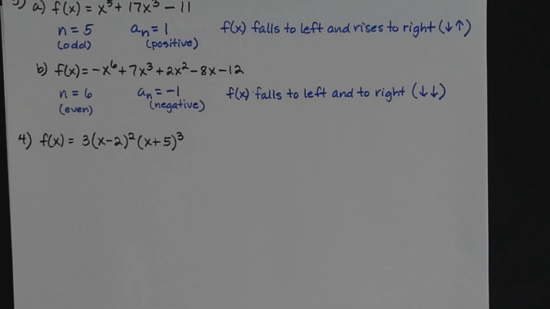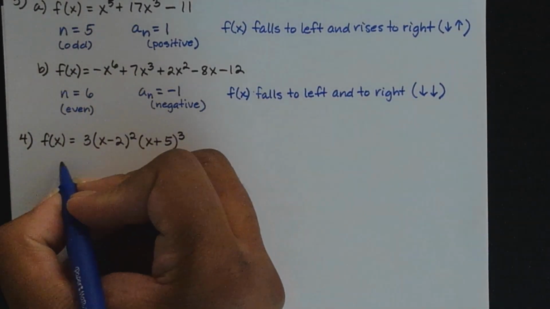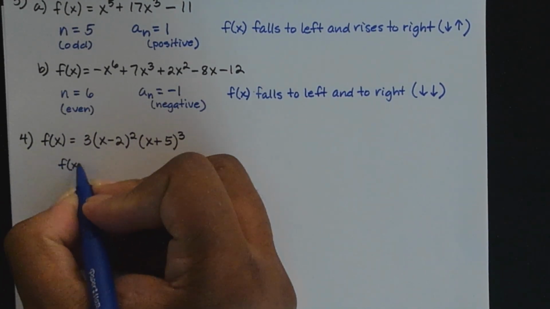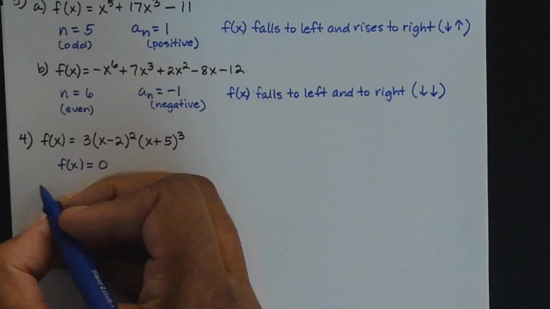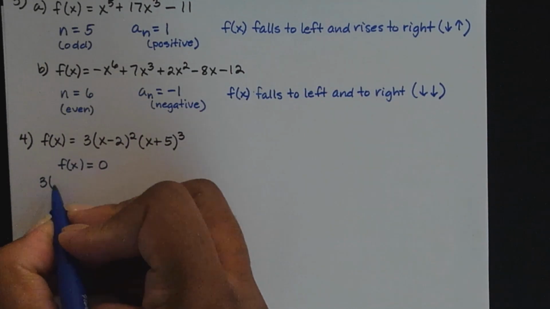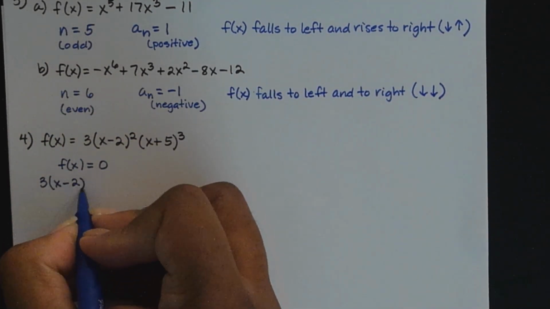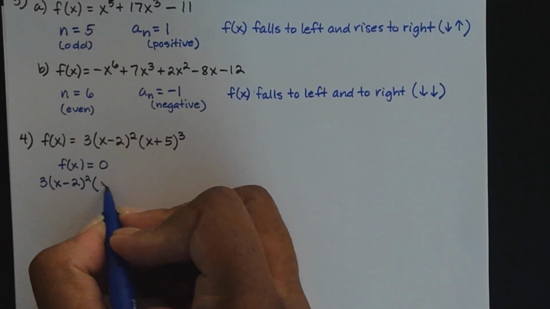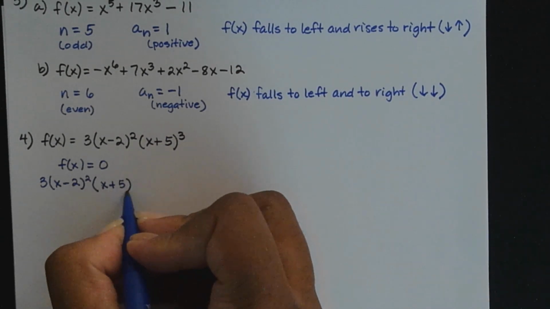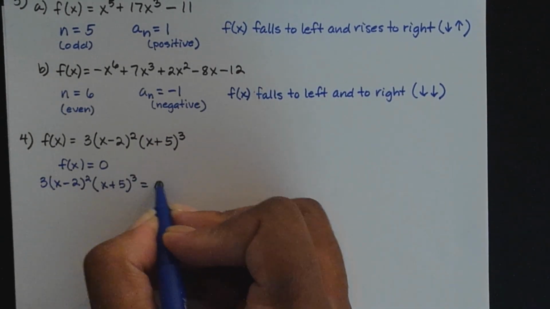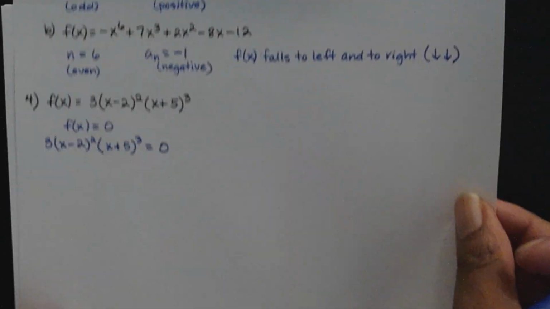Okay. So in this case, to find our zeros, we just set f of x equal to 0. That would mean I'll have 3 times the quantity x minus 2, squared, times the quantity x plus 5, cubed, equal to 0.